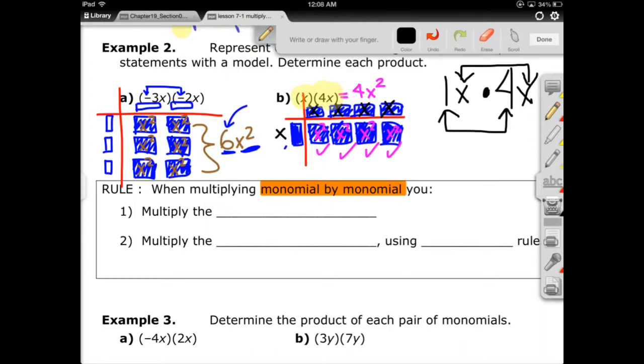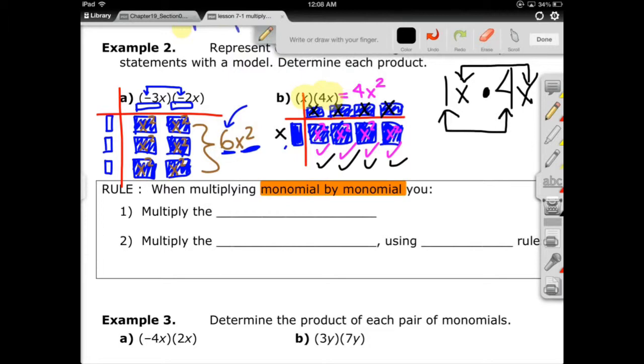That's how we got squares. Now, when you do the area model, you can see that there are 1, 2, 3, 4 squares. The area model is really useful because it can help you to understand how you get these answers. It's just a tool. You won't use it forever.